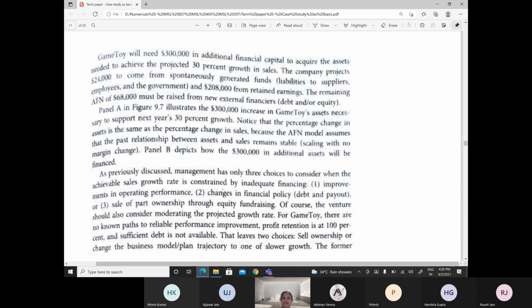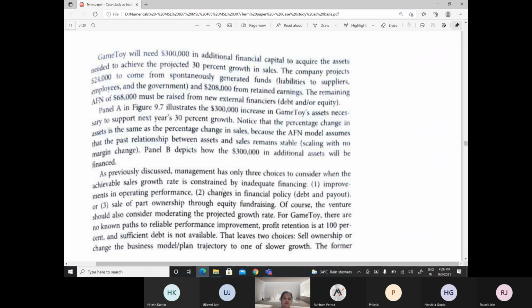The company projects 24,000 to come from spontaneously generated funds, that is liabilities to suppliers, employees and the government, and 2.08 million from retained earnings. The remaining AFN of 68,000 must be raised from new external finances, that is from debt or equity.